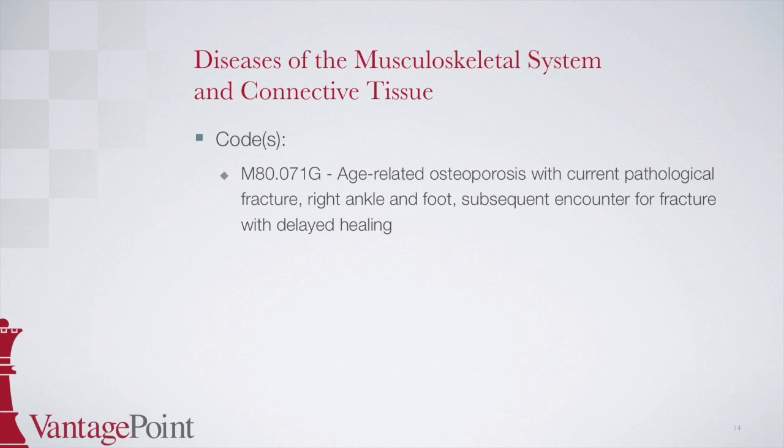However, we know the site, which is the right ankle, so we therefore need to look below this code to see if there is a subcategory for ankle. M80.07 is for ankle and foot with options for right, left, and unspecified. Therefore, we are at M80.071 for right ankle, but the book indicates that a seventh character is required. Our seventh character options are in a box under category M80. Since documentation states that the fracture has delayed healing, a seventh character of G is appropriate.